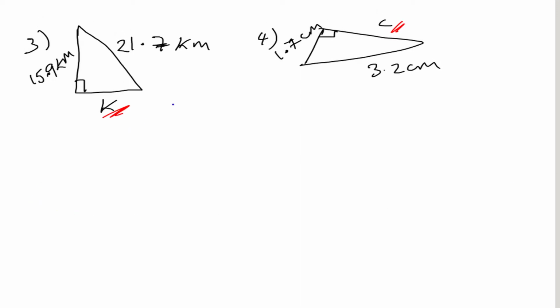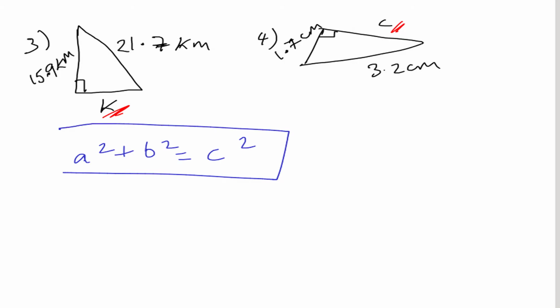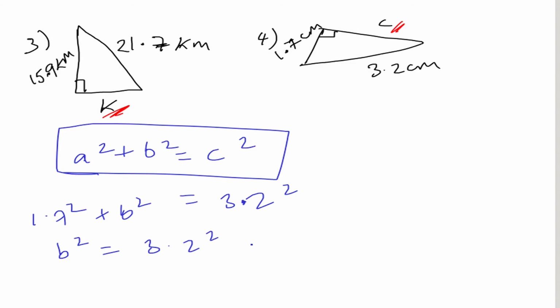Okay, and finally question 4. So you've got again a squared plus b squared equals c squared. By now you should know how to use this formula. Let's add the numbers in now. So c squared is 3.2 squared here. You've got 1.7 squared plus b squared equals 3.2 squared. Therefore b squared is 3.2 squared minus 1.7 squared.